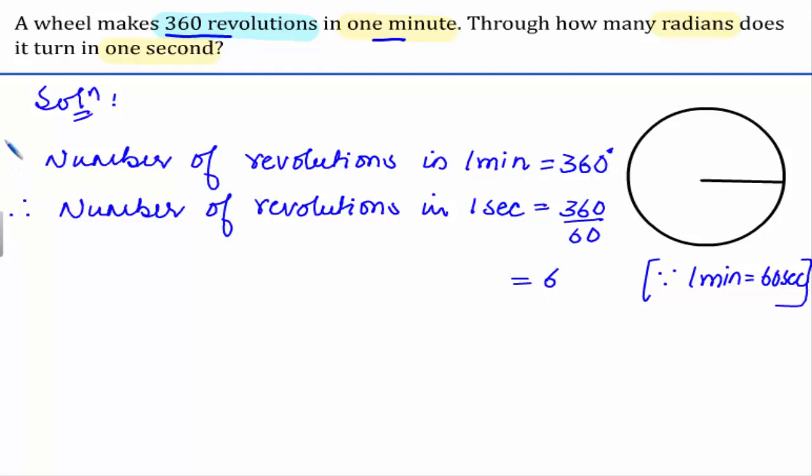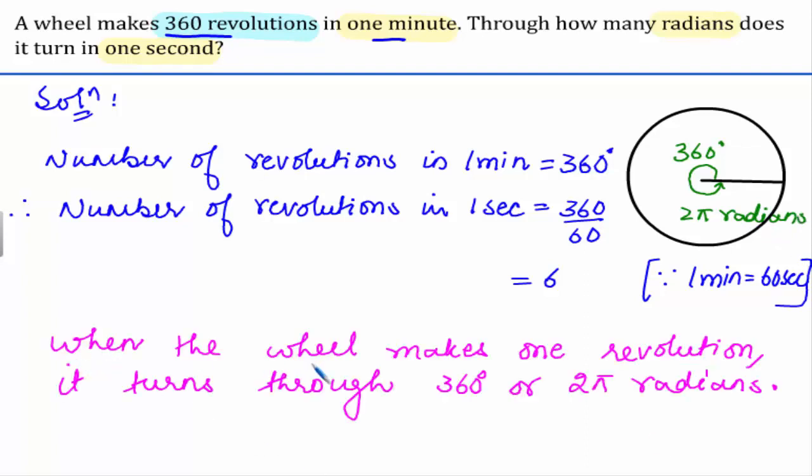Now we know that when a wheel makes 1 revolution, then it turns through 360 degrees, or we can say 2 pi radians. Therefore we can write that the wheel, when it makes 1 revolution, turns through an angle of 360 degrees or 2 pi radians.